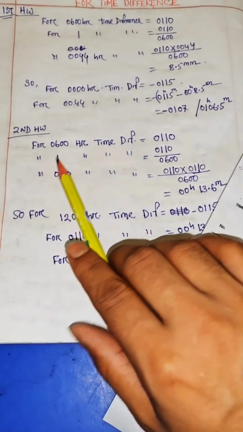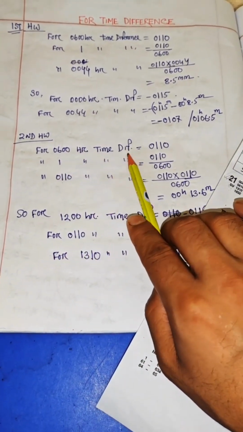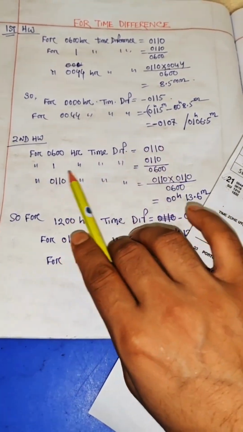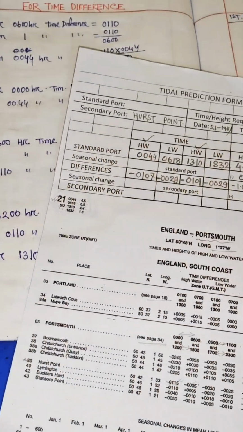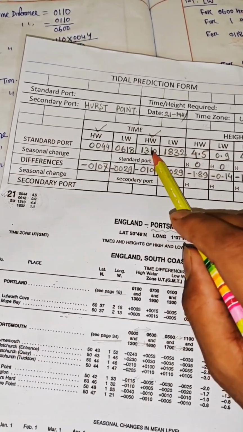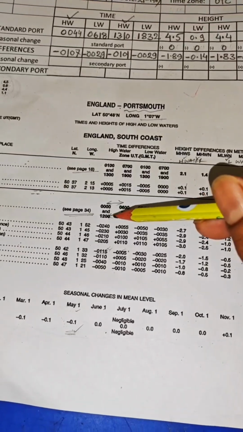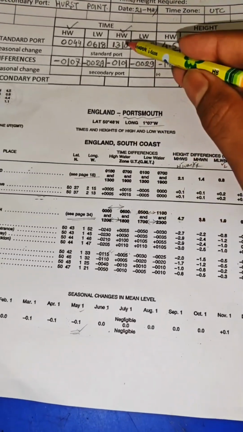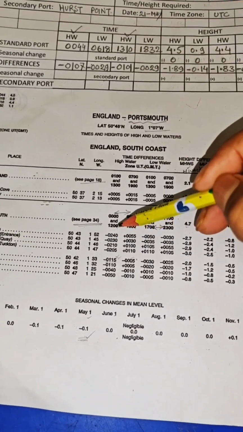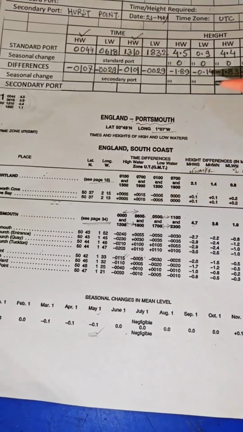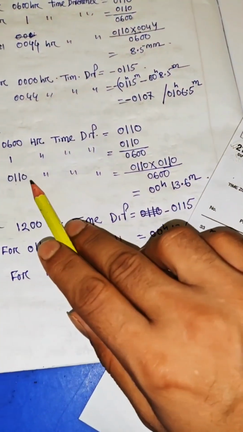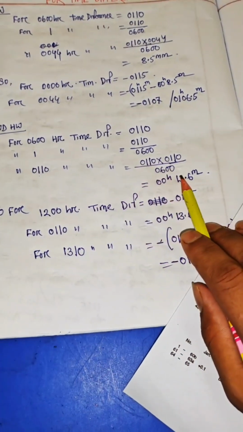For 0600 hour the time difference is 0110, and my required time is 1310, and here the time is from 1200 to 1800. 1310 and 1200 time difference is around 1 hour 10 minutes. So for 1 hour 10 minutes, how much time difference?